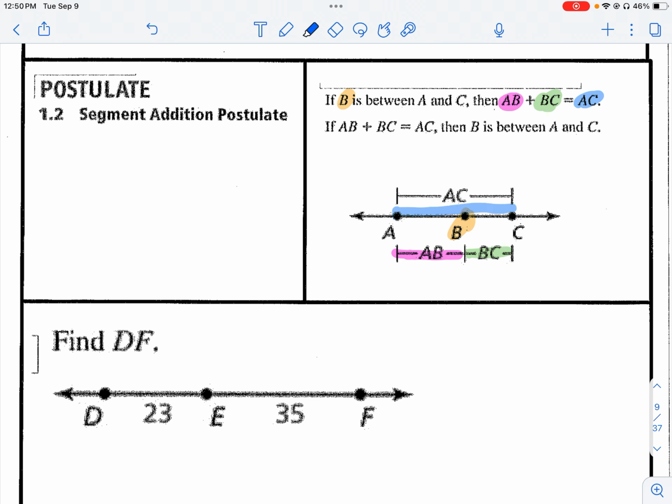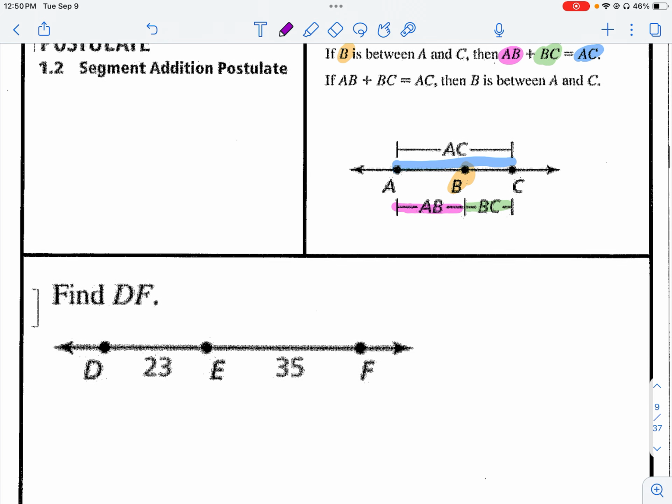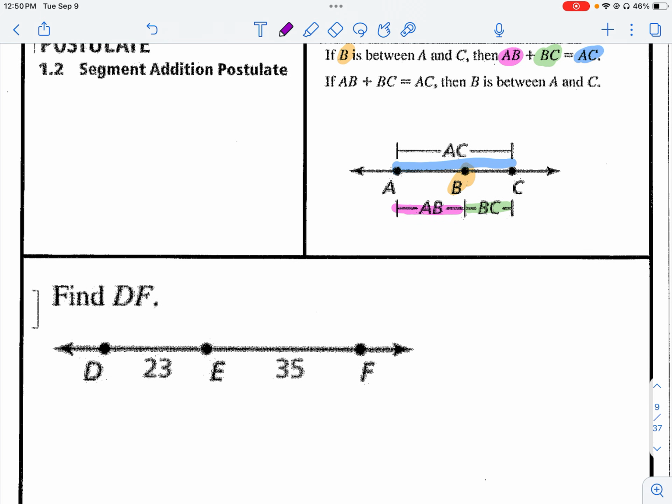So the two little ones add up to the big one.